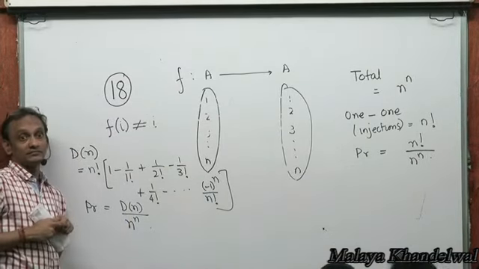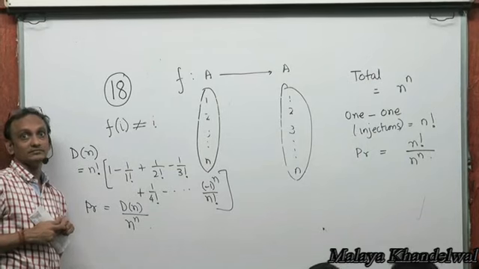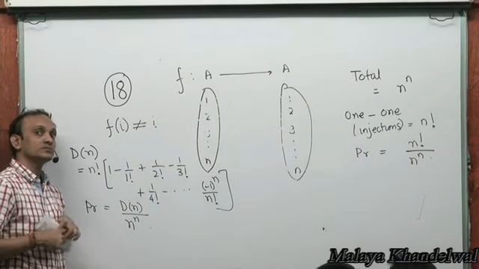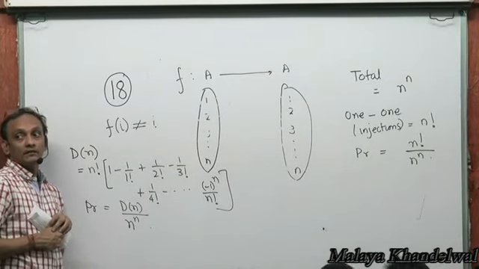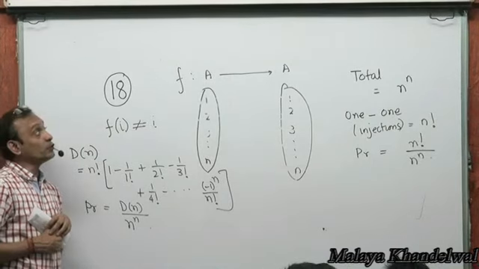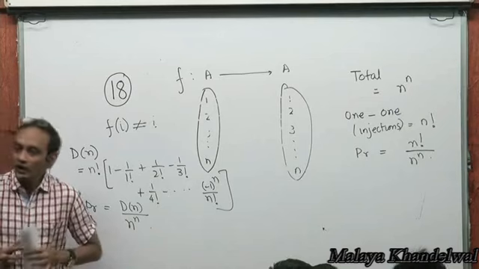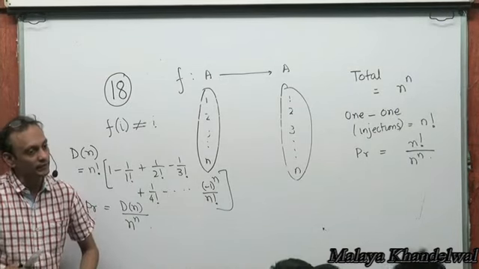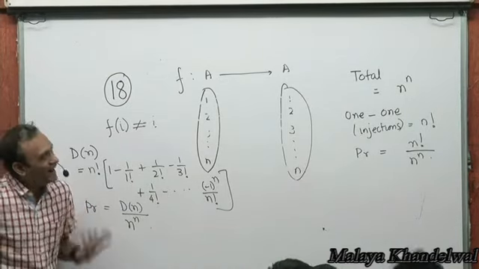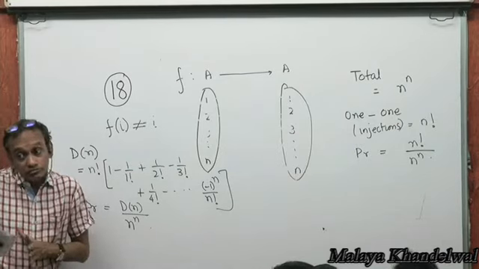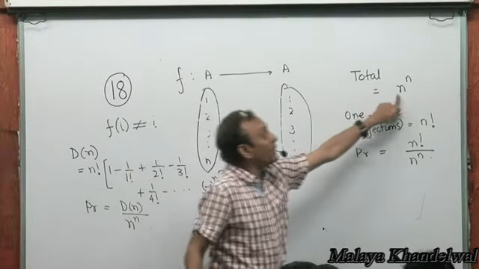If I said that A to A is mapped with only injective maps, only injective maps are created from A to A, and so now it's conditional. In this case, the maps were unconditional.